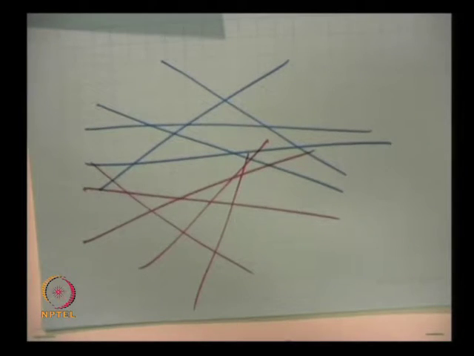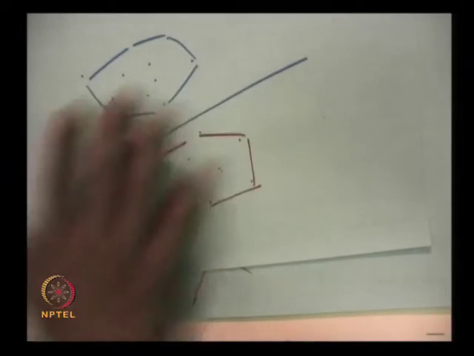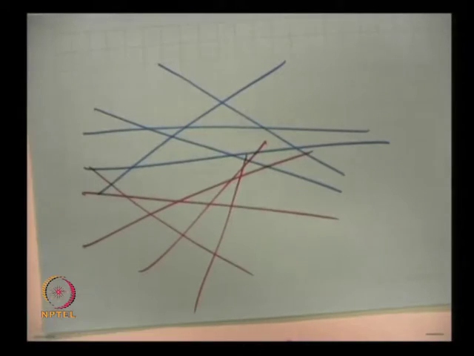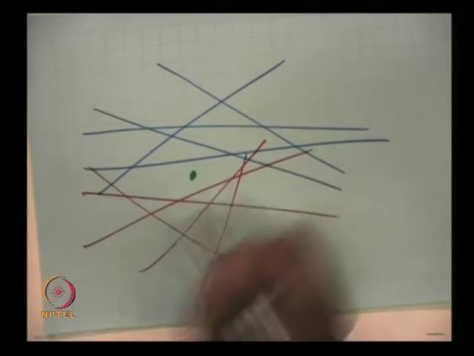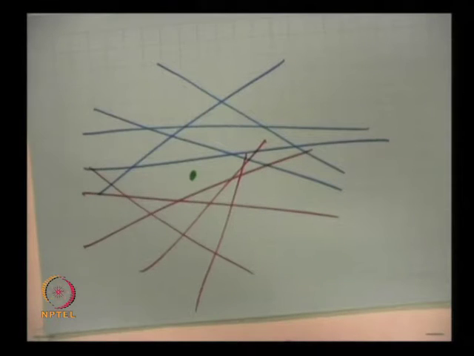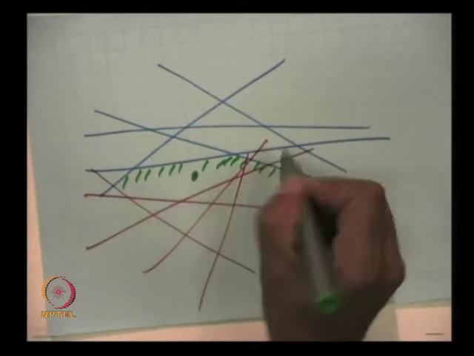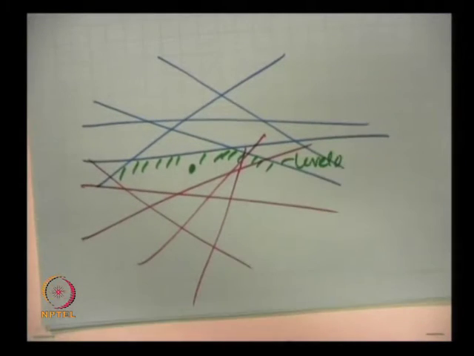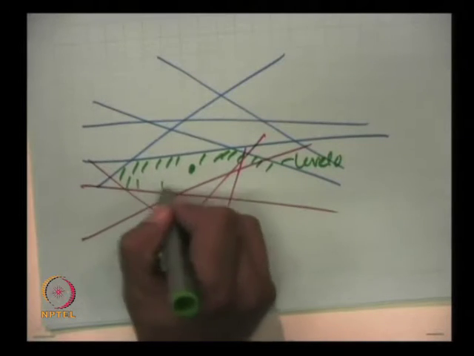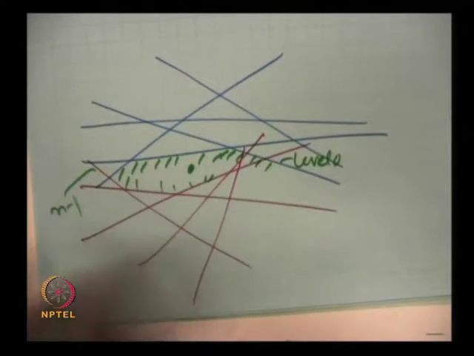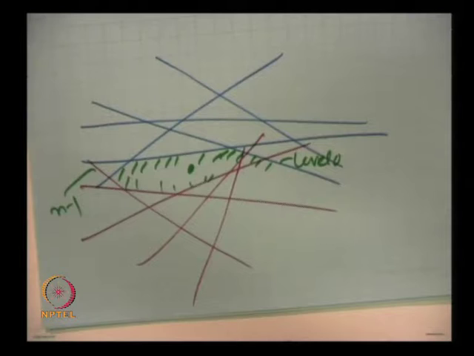If they were separable, as in this example where they were separable, it means there is a point that lies below all the blue lines and above all the red lines. It means it lies below level 0 of these blue lines and it lies above level n minus 1 of the red lines.